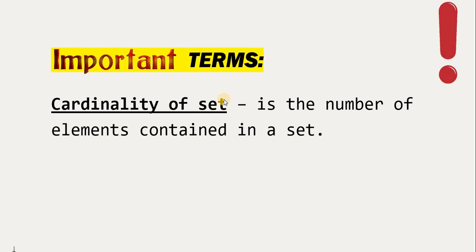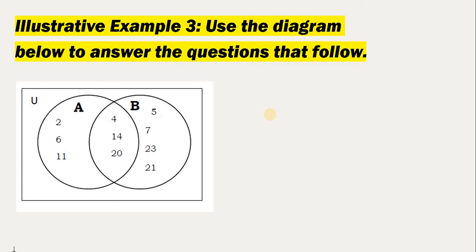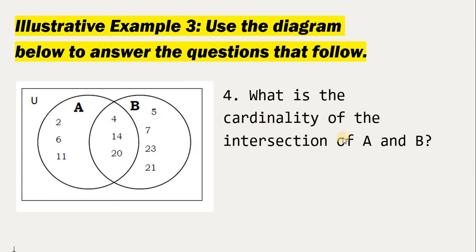Next, important term, cardinality of set. It is the number of elements contained in a set. So, dito ang bibigay lang natin ay yung bilang ng elements. Pag sinabi natin cardinality. Okay? Example, what is the cardinality of the intersection of A and B? Okay? Intersection na ang pinag-uusapan.